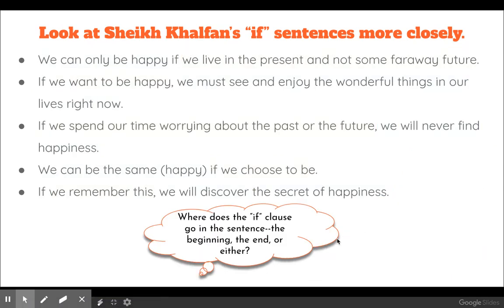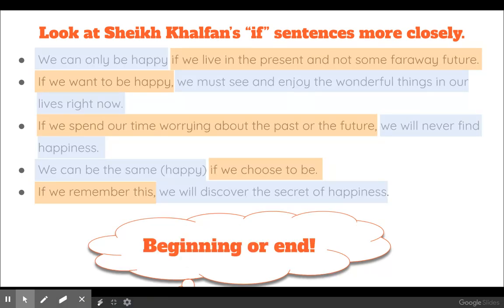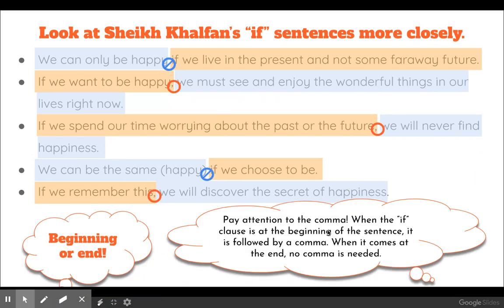The next thing we want to think about is where does the if clause go? The beginning, the end, or either? This one should be pretty easy. That's right. It can go at the beginning, right here, or it can go at the end of the sentence. It doesn't matter. We can move that if clause anywhere in the sentence. But one thing we need to pay attention to is the comma, the punctuation.